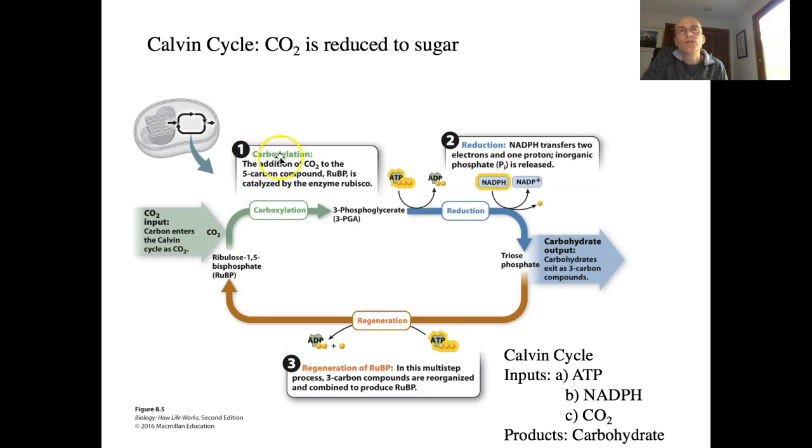And so your book writes here, the addition of carbon dioxide to the 5-carbon compound RuBP is catalyzed by the enzyme Rubisco. And that's another name you should know. Rubisco is the enzyme that catalyzes this step. So what does an enzyme do? An enzyme always reduces the activation energy. So it makes that reaction more likely to occur at cellular temperatures.